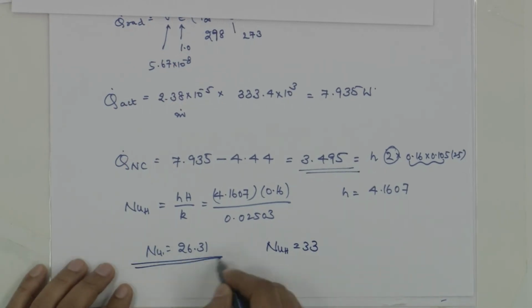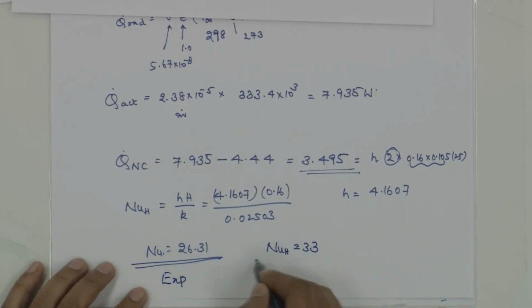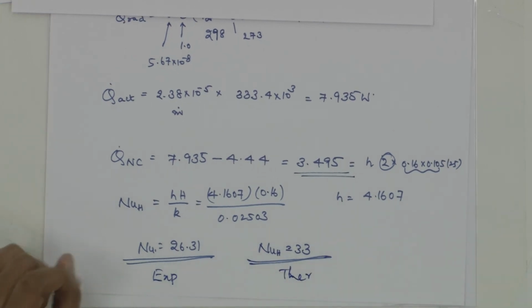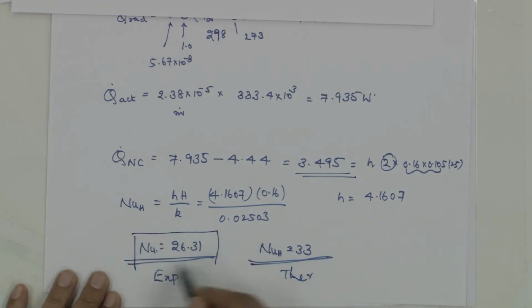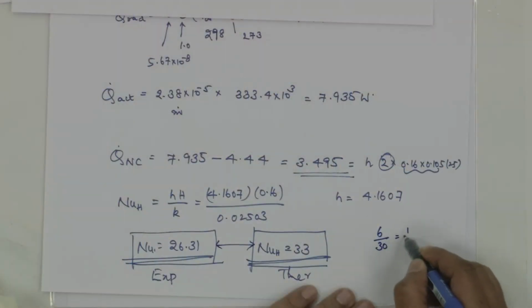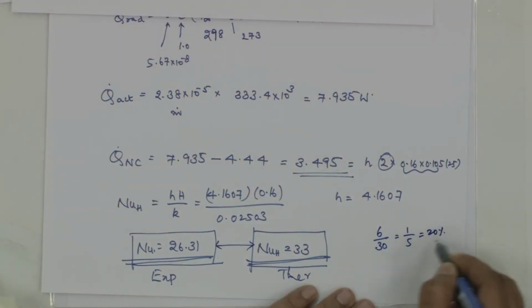So this is the experimentally obtained value and this is the theory. I'm not saying it's very close, but this kind of proves that the way we have done the experiment is quite near to the theory, and 6 in 30, that is around 20%, is my variation.